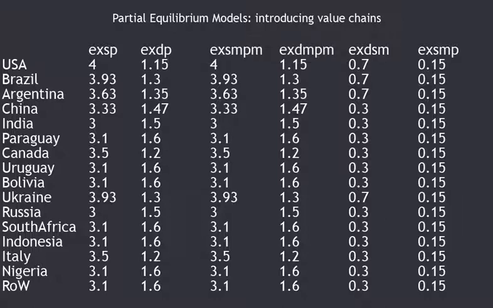And then finally, you've got the two last columns with the elasticities which are unusual, I would say. EXDSM is the elasticity of the demand for soy with respect to the supply of meat, and EXSMP is the elasticity of the supply of meat relative to the local price of soy.